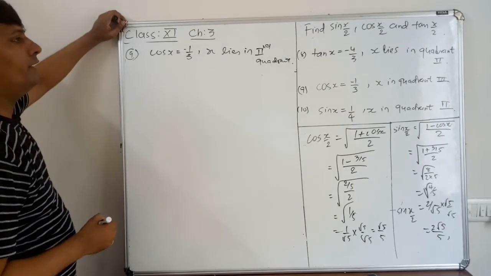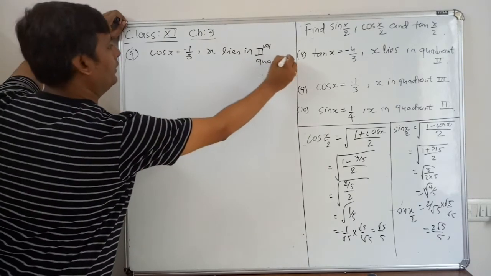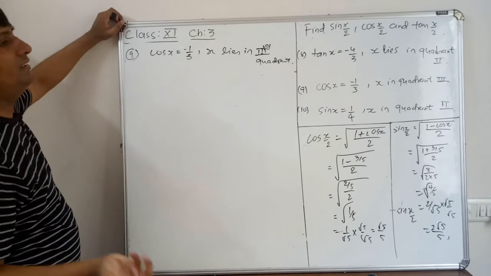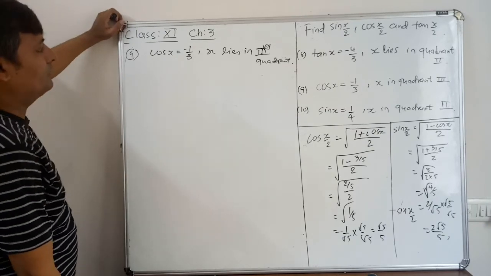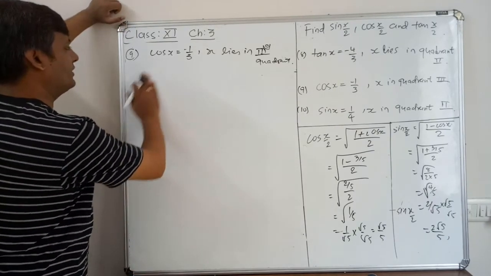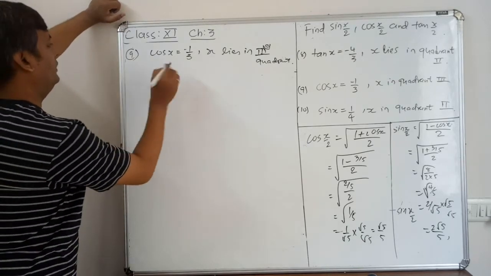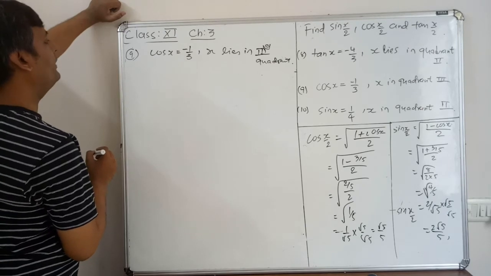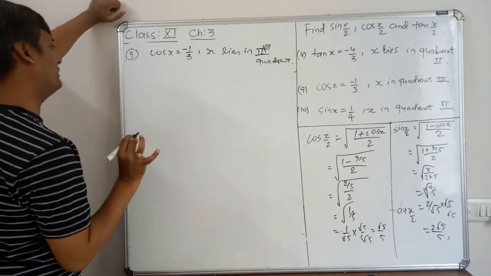It is already given that, sorry, in the third quadrant. In the third quadrant, so what happens in the third, all STC. Okay, so cos is also negative. Cos is already here. So now cos x is equal to minus 1/3. And then we needed cos x, we have cos x.